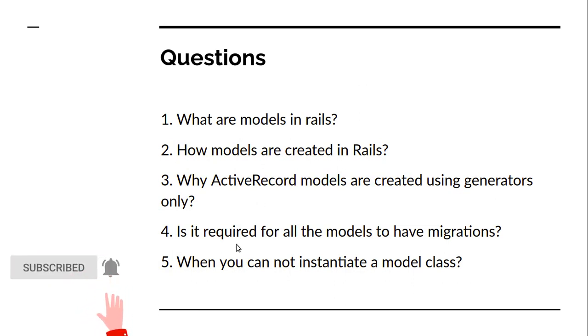Whenever a model has defined self.abstract_class = true, it cannot be instantiated. If it has not defined self.abstract_class = true, then it can always be instantiated. Just keep in mind that an abstract class can only be inherited, not instantiated.